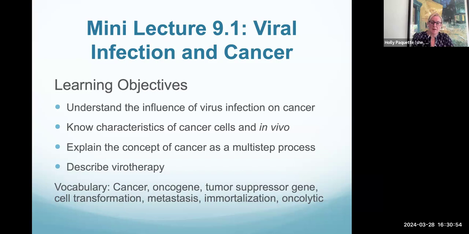We'll also talk about the idea of cancer being a multi-step process, meaning that generally speaking, it's not just one thing that happens that causes cancer, but many things happening over a period of time that actually lead to cancer. We'll also talk about a new way of thinking about therapy for cancer called virotherapy.